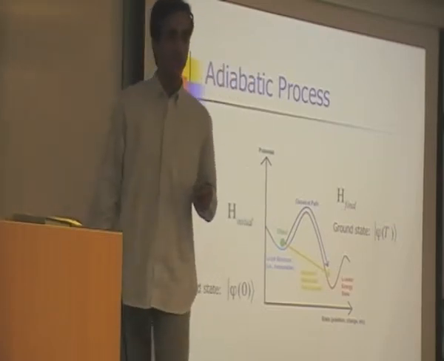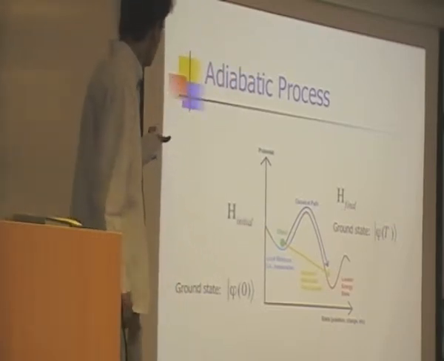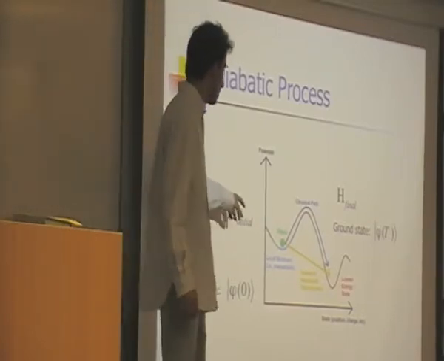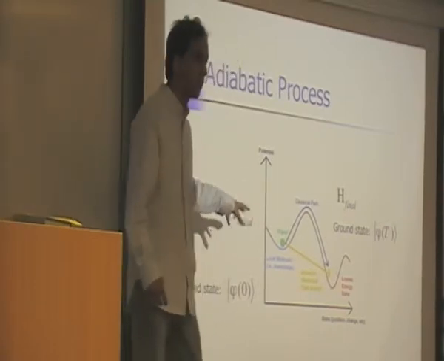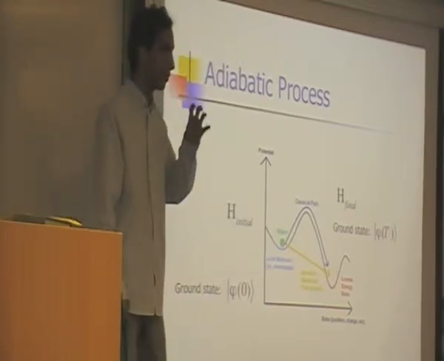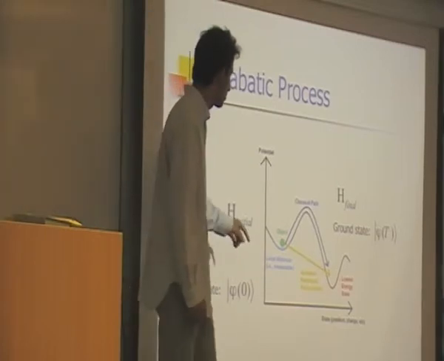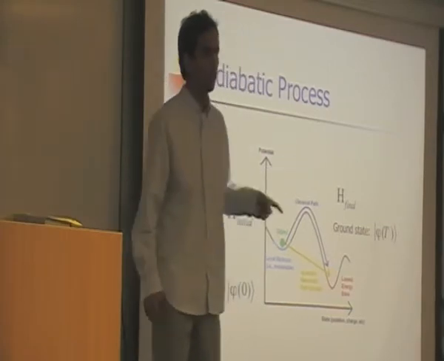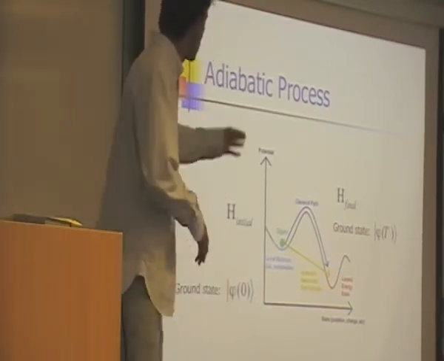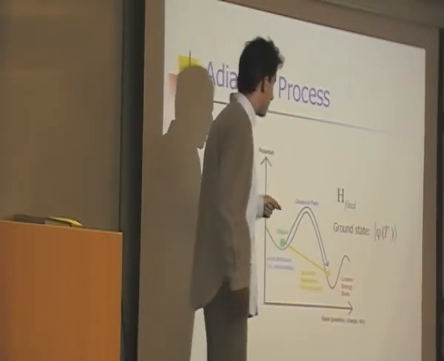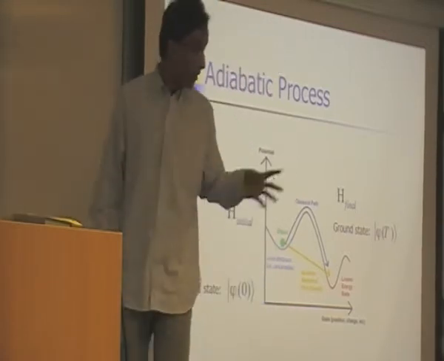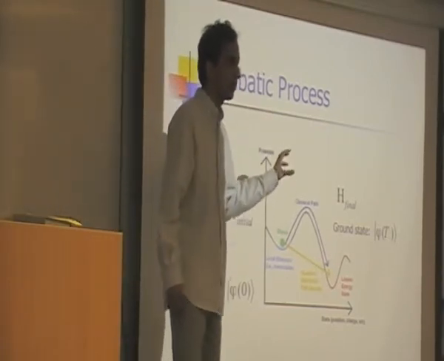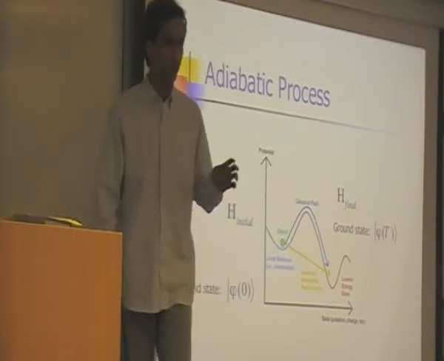The adiabatic theorem states that if you pick a simple and easy to prepare initial Hamiltonian and prepare your system in the ground state of this Hamiltonian, and you evolve adiabatically to your desired Hamiltonian, which here we call H final, you'll remain in the ground state of the system all the time.